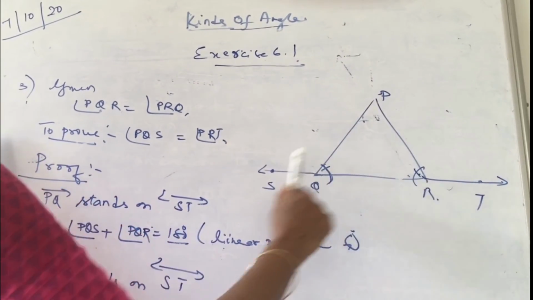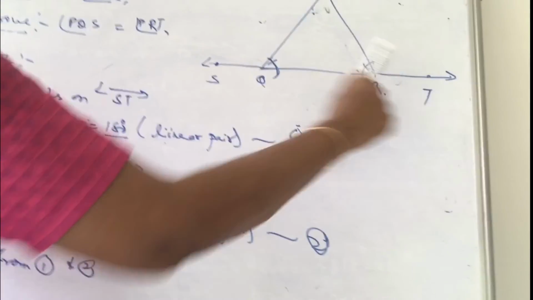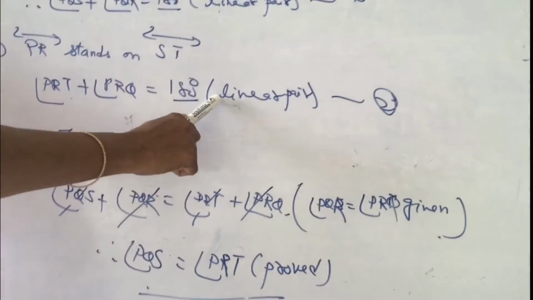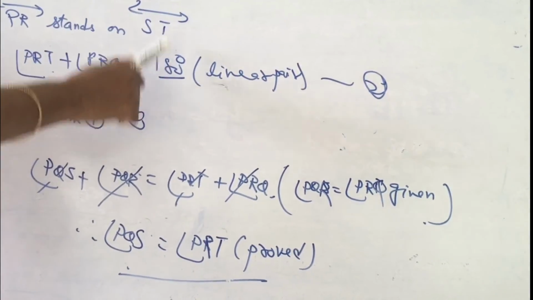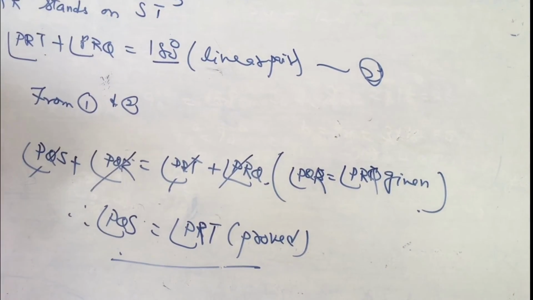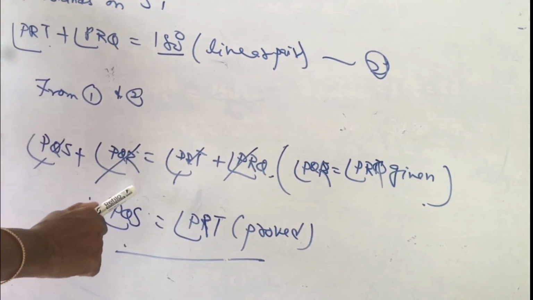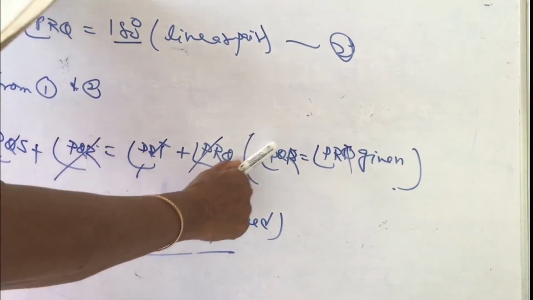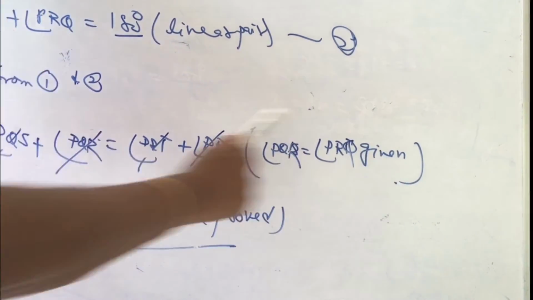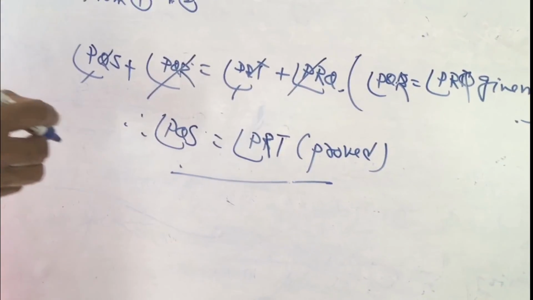Ray PR stands on line ST. Angle PRQ plus angle PRT is equal to 180 degrees. When the right hand sides are equal, children, left hand sides are also equal. So equate both. I cancel angle PQR and angle PRQ. So angle PQS is equal to angle PRT.